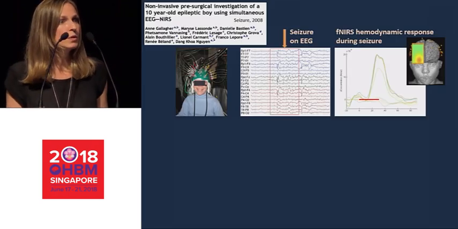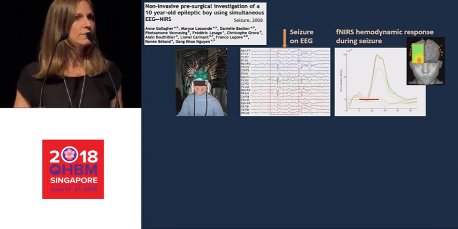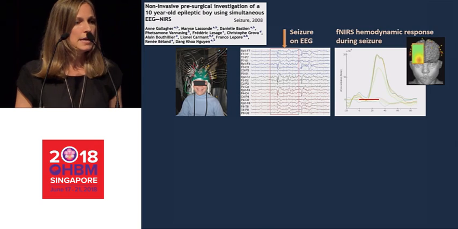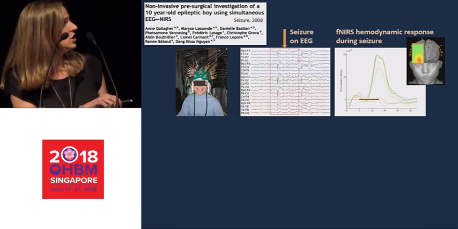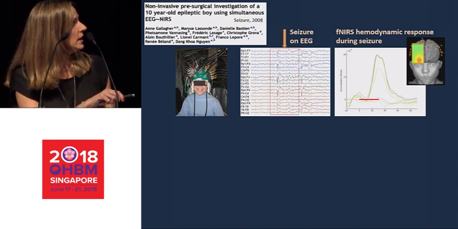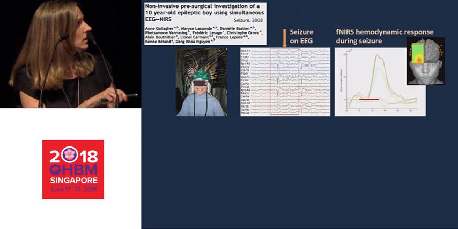So this is an example. This is the first patient we did fNIRS-EEG on to localize the epileptogenic zone. It was a 10-year-old boy with right frontal lobe epilepsy. We did EEG and NIRS, and we can see both signals here. On EEG, we can see there is an electrical seizure. And at the same time, in fNIRS, here on the x-axis we have time in seconds, and here we have changes of concentration in hemoglobin.